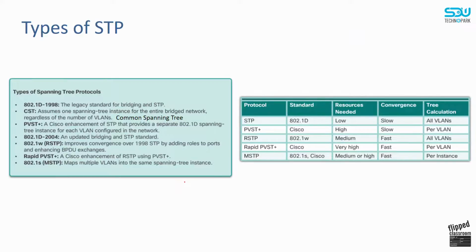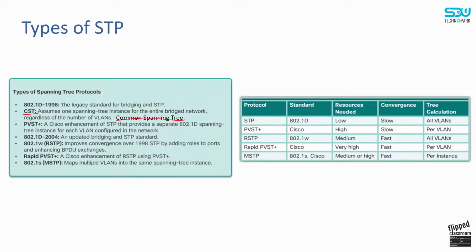And now let's take a look at the types of STP, starting from the STP, which is just the CST, the common spanning tree, which we spoke about before in this lesson.